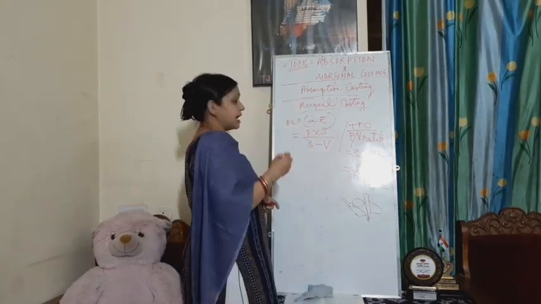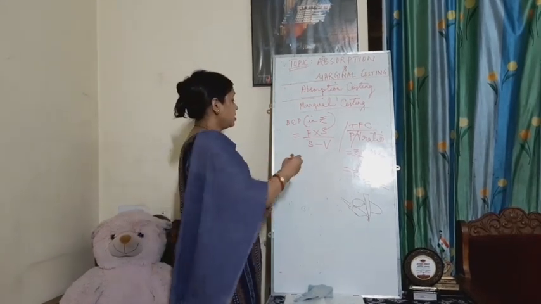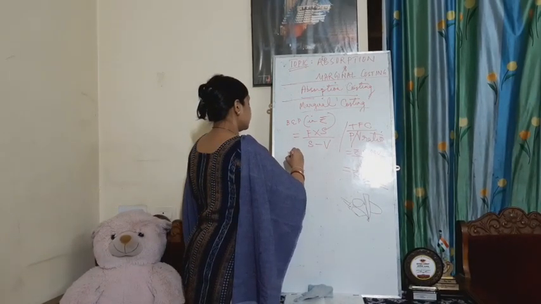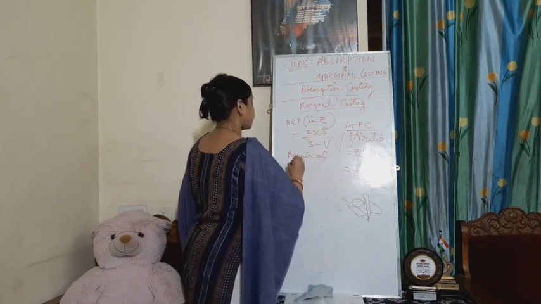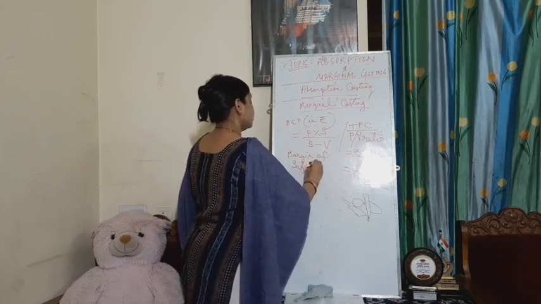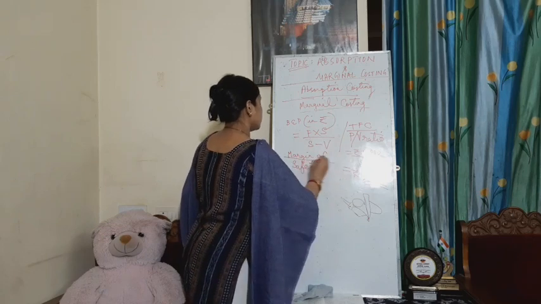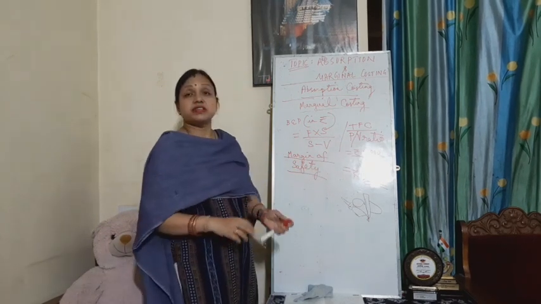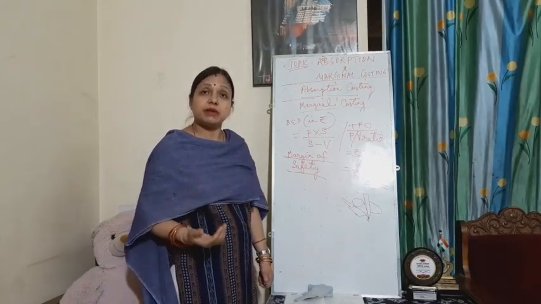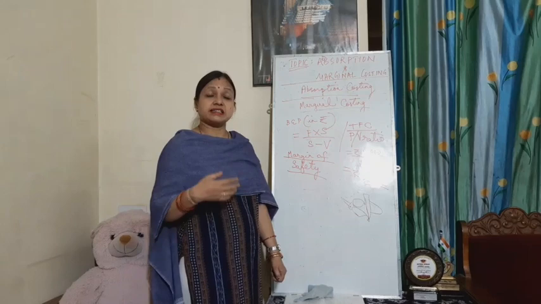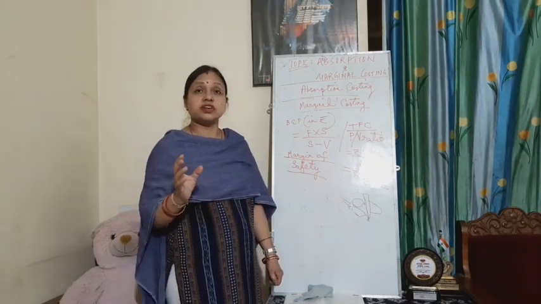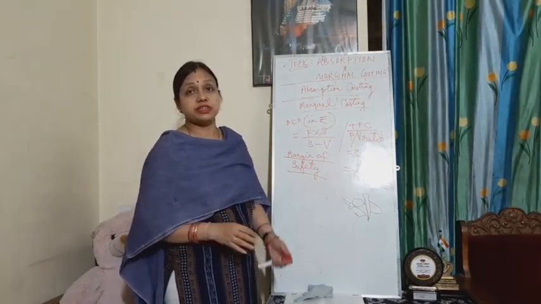Now students, another important concept which is covered in marginal costing is margin of safety. What do we mean by margin of safety? Margin of safety means the excess of actual sales over the sales at break even point.